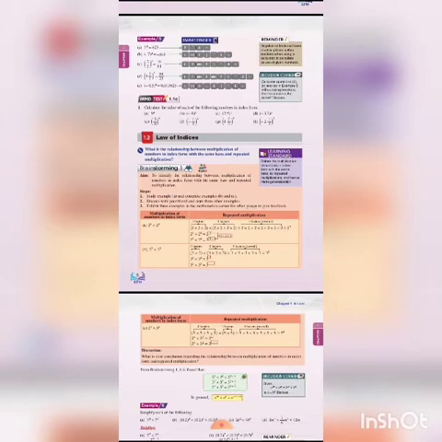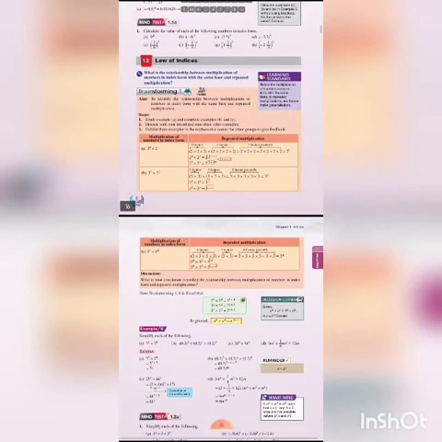So for example 3 square 2 plus 3 square 3, 2 plus 3 is 5. So the answer is 3 square 5.